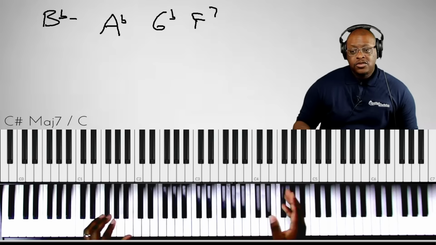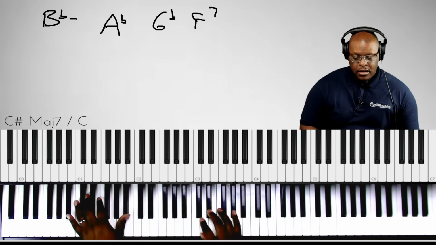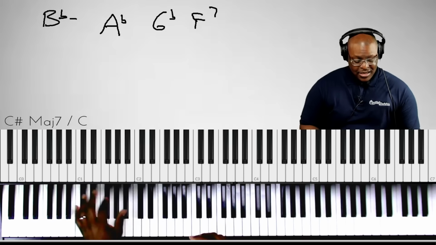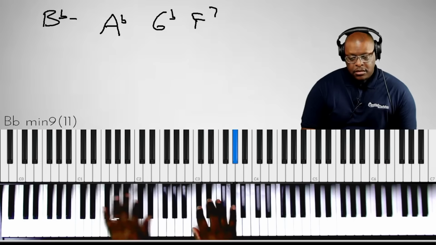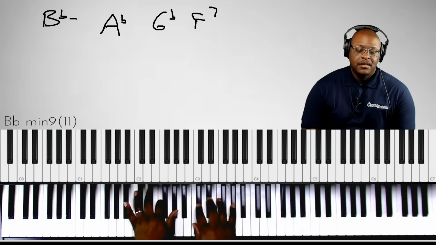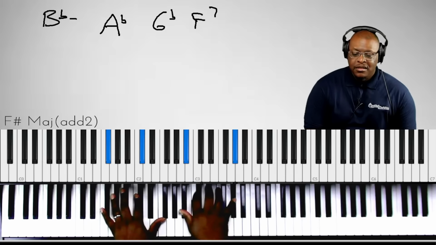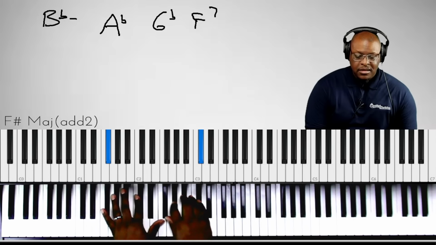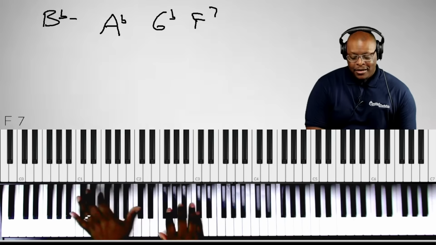So let's try playing it, and I'm going to invert the right hand, or maybe both hands, depending on how I play it. So set the tempo. All right, here's the B flat minor.